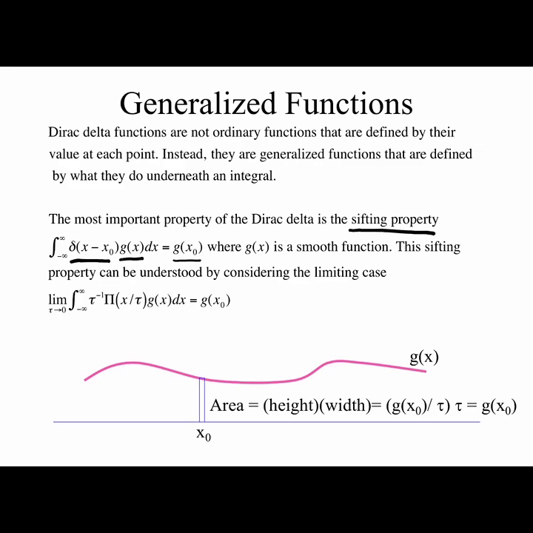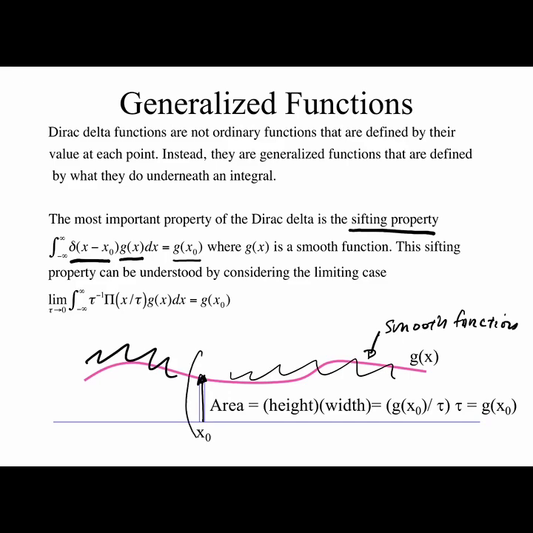For example, imagine g of x is a smooth function, and I multiply it by a Dirac delta function and then integrate that multiplication. Everywhere else is going to get zeroed out, because the Dirac delta function has nothing there.